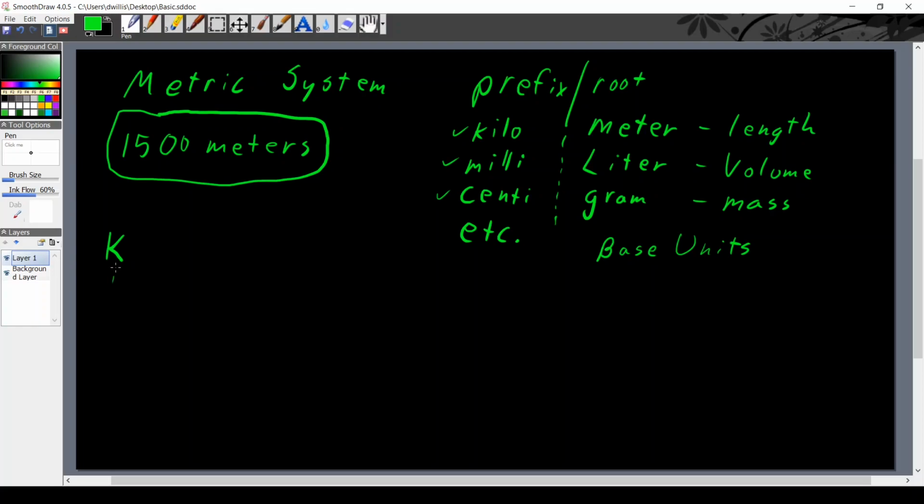Kilo, deca. Sometimes you'll see this spelled with a C, sometimes with a K. I'm going to spell it with a C today. I've put that in the wrong spot, so let me erase that real quick.